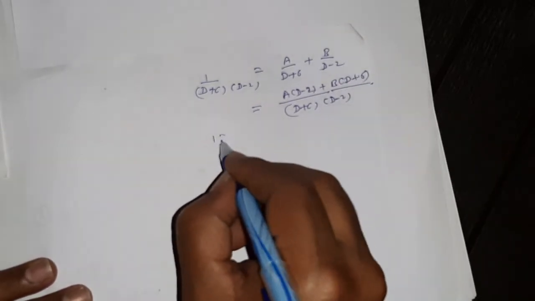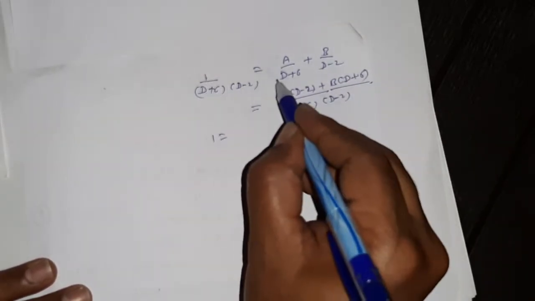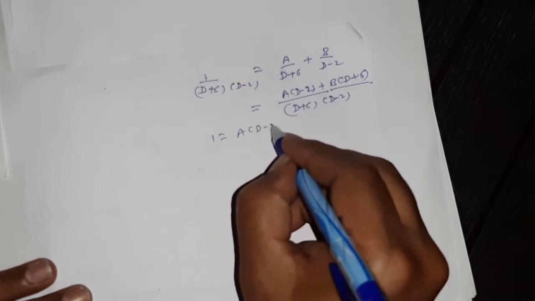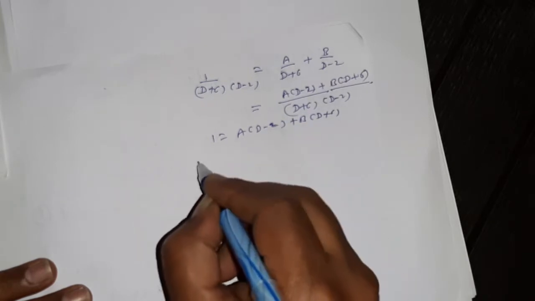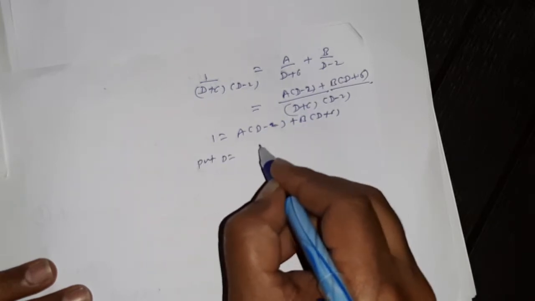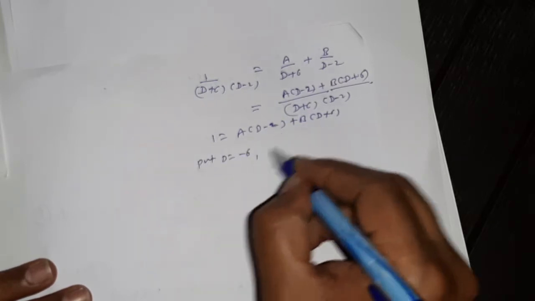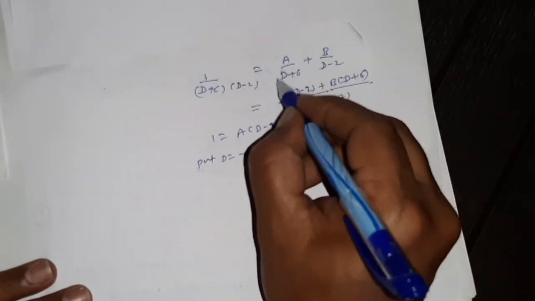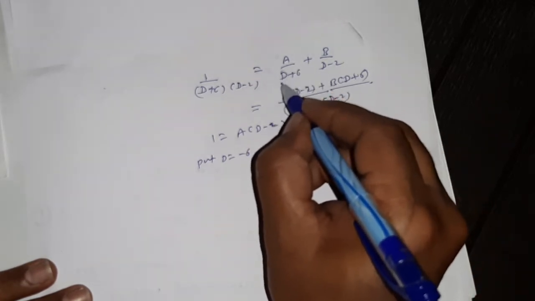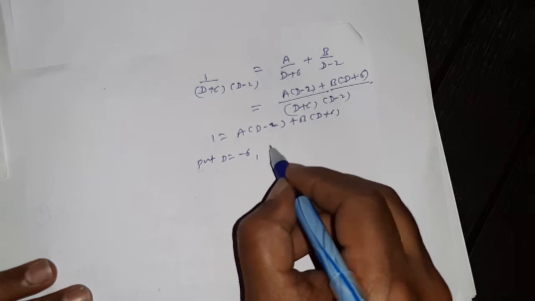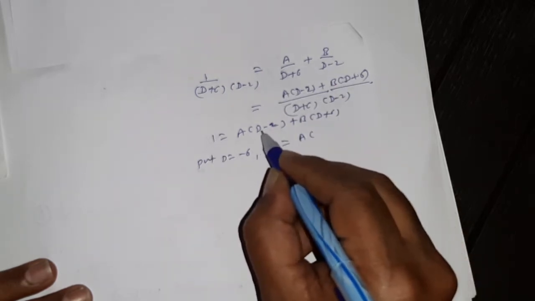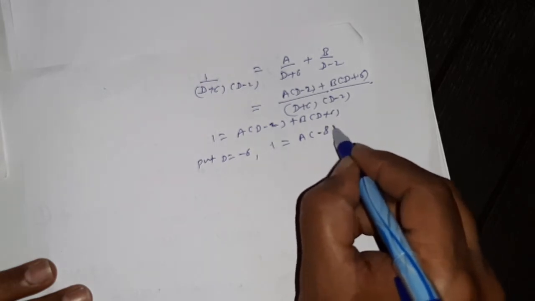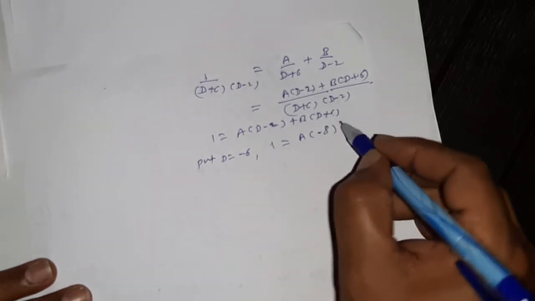So we have: 1 is equal to A into (D minus 2) plus B into (D plus 6). Then put D equal to minus 6, the root of the factor D plus 6. So LHS is 1, RHS is: minus 6 minus 2 becomes minus 8, and minus 6 plus 6 is 0.